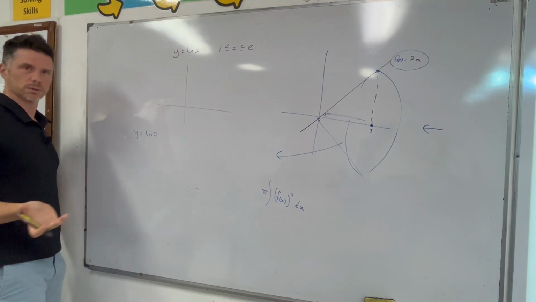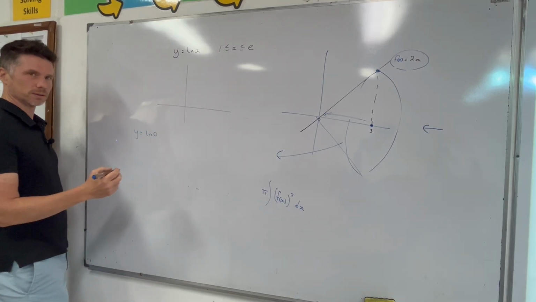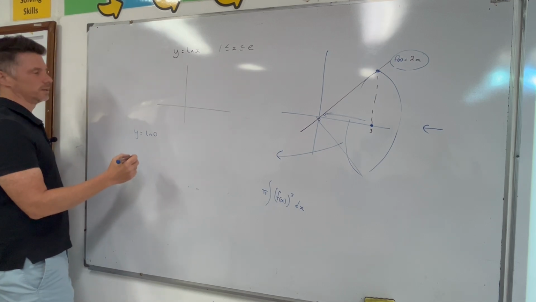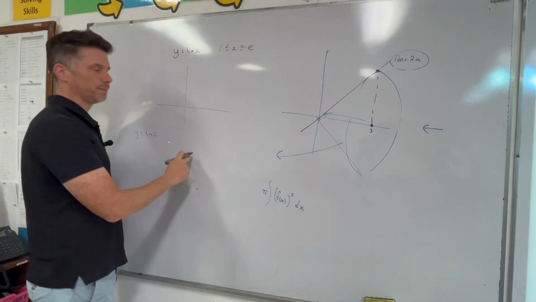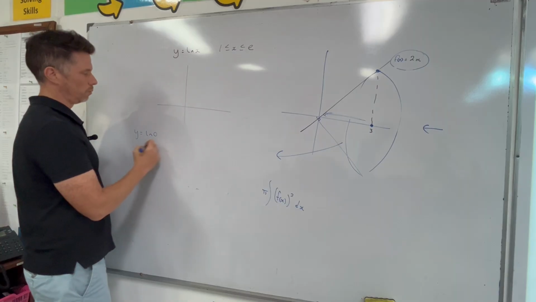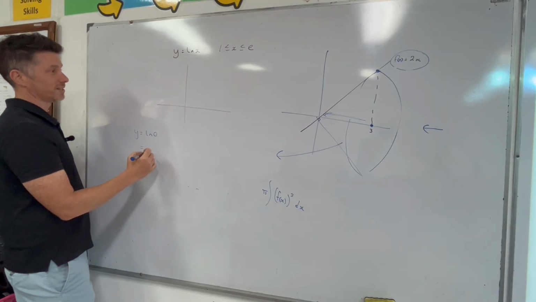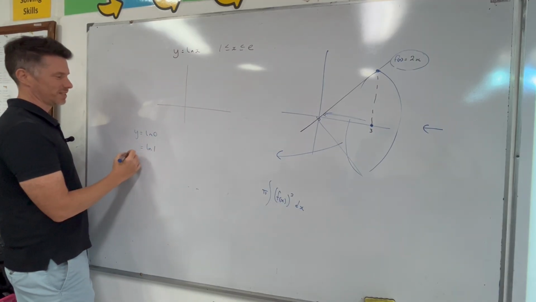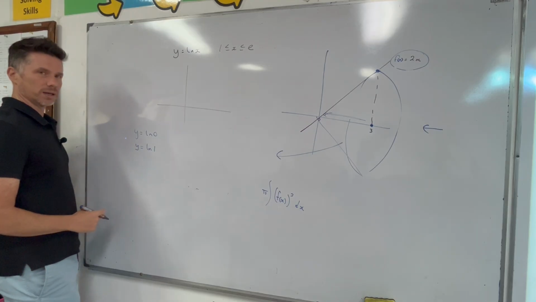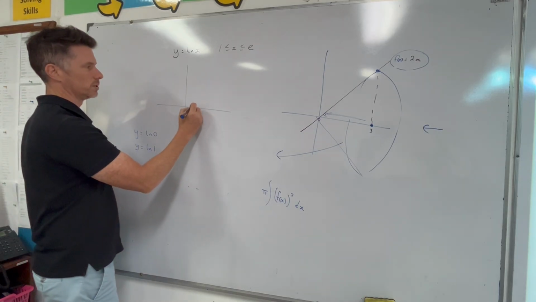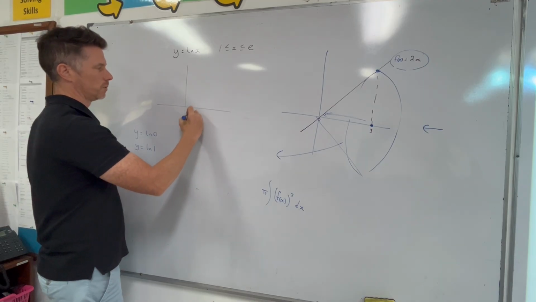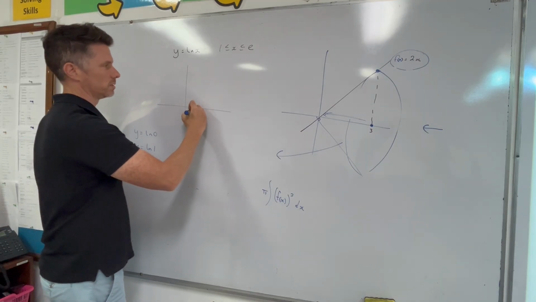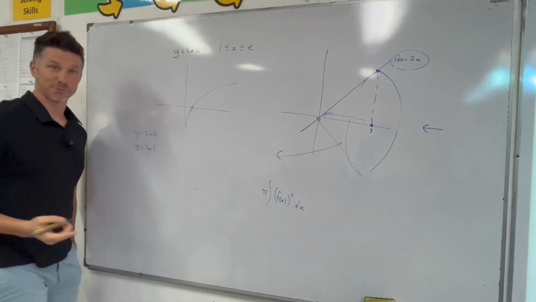No. e to the power of something can't be 0. So there's an asymptote here. When x is 1, y is 0. So here's a point. We know it's an asymptote up to there, and it does this.